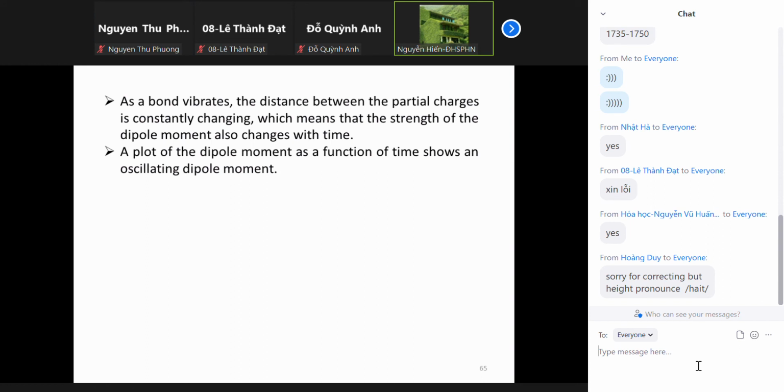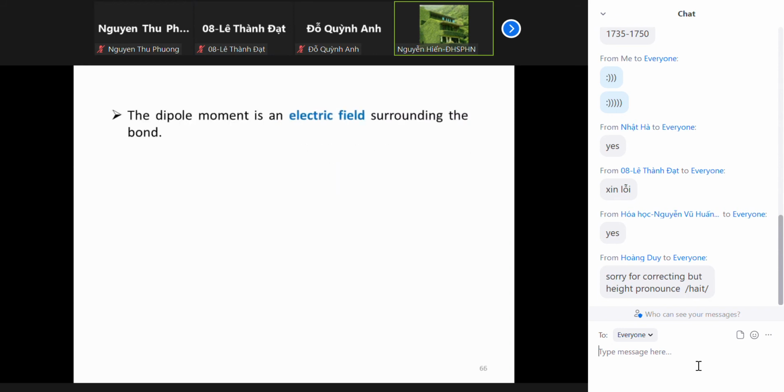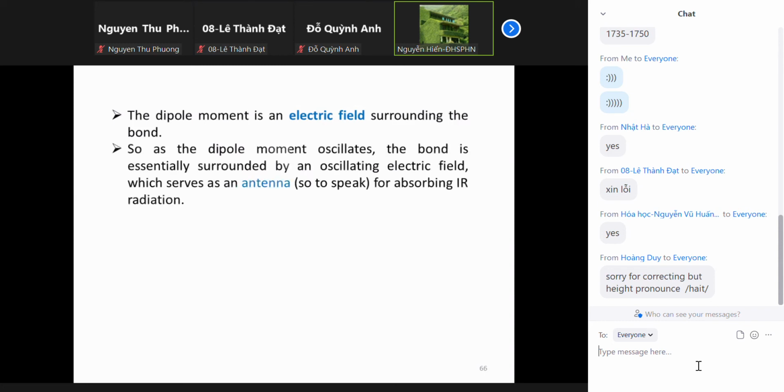So you see there is a plot of the dipole moment as a function of time showing the oscillating dipole moment. It changes with time. And the dipole moment is an electric field surrounding the bond. When the dipole moment oscillates, the bond is essentially surrounded by an oscillating electric field.